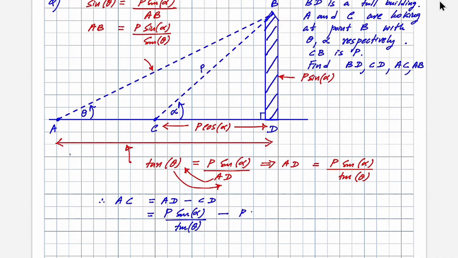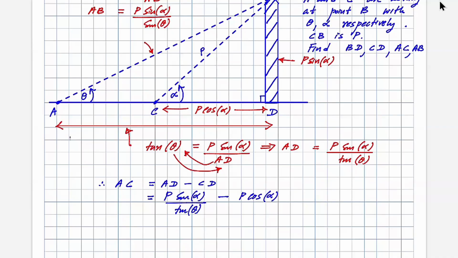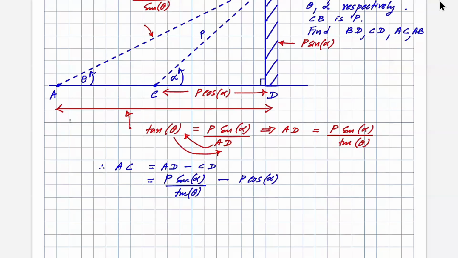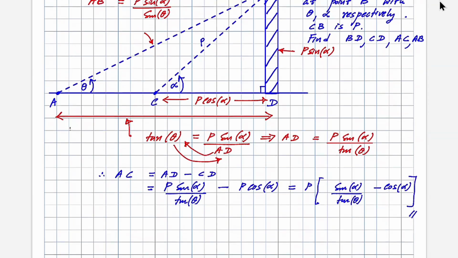CD is going to be P cos alpha. Right. So now we are here. If you look into this, you can factorize. In this factorization, you take P out. This is going to be P times sine alpha divided by tan theta minus cos alpha, like this. That's it.